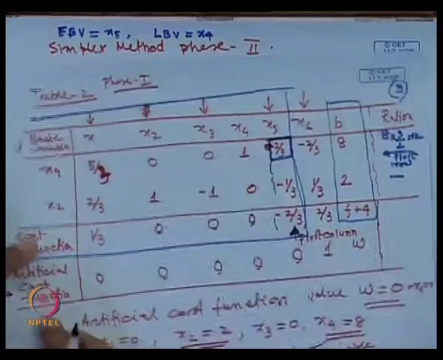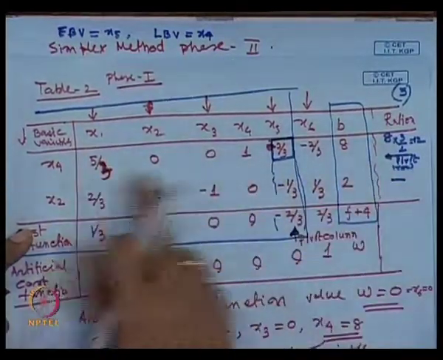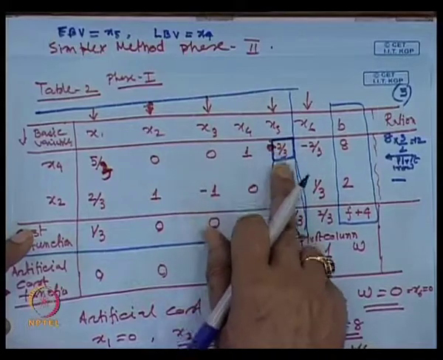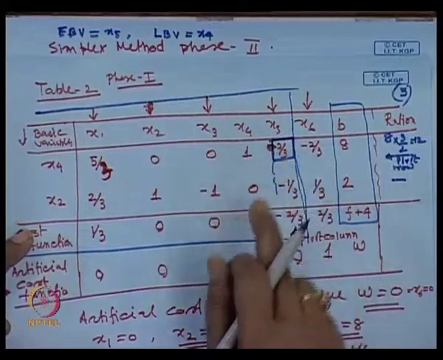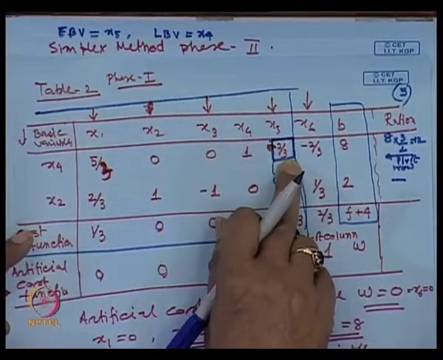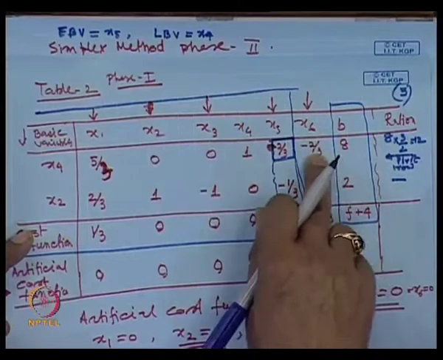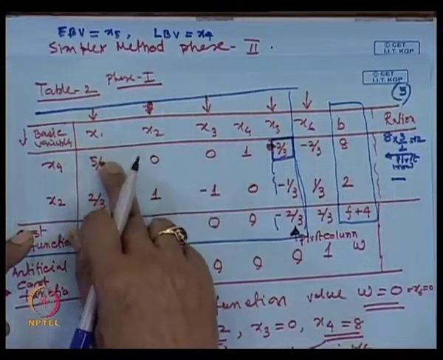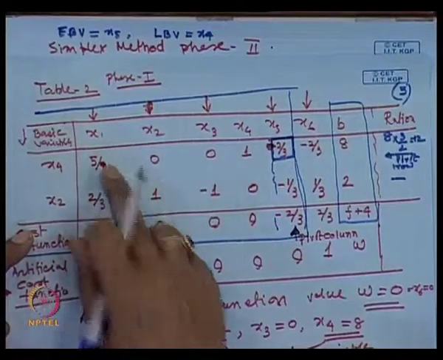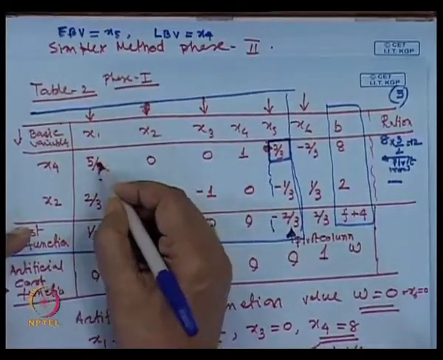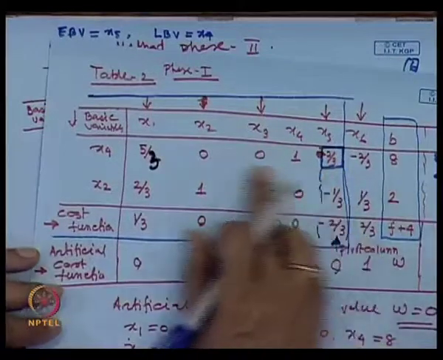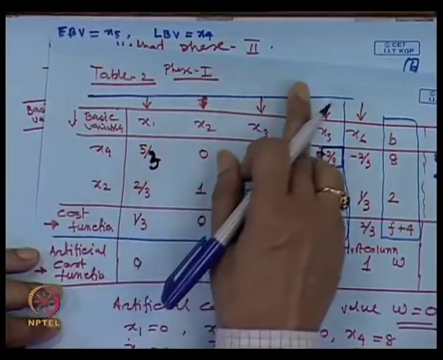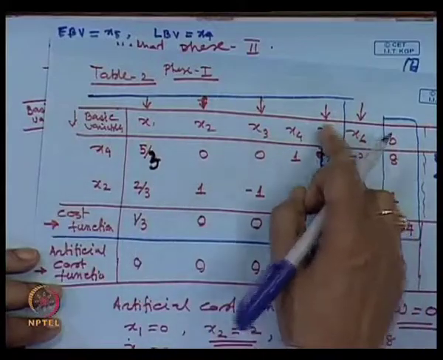So what you have to do in phase 2 is divide the equation, that means normalize it, with 2 by 3. If you divide by 2 by 3, this will be 1, this will be 3 by 2, minus 1, this will be 5 by 2, this is 3, this is 3, this will be 5 by 3. Now our basic variables: x4 is leaving as a non-basic variable, x5 is entering as a basic variable.